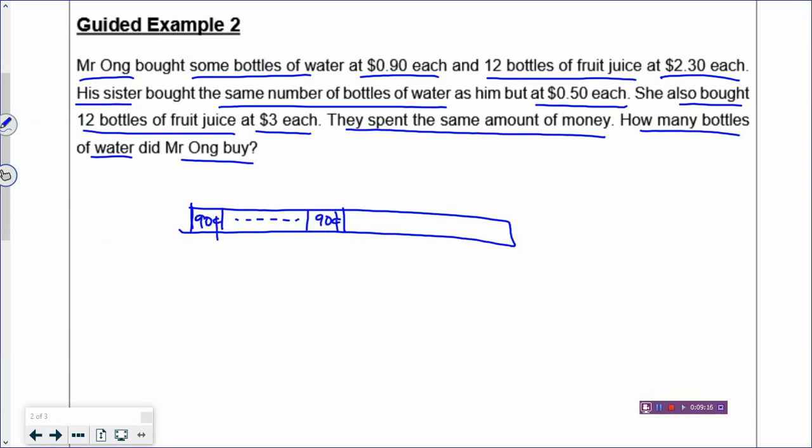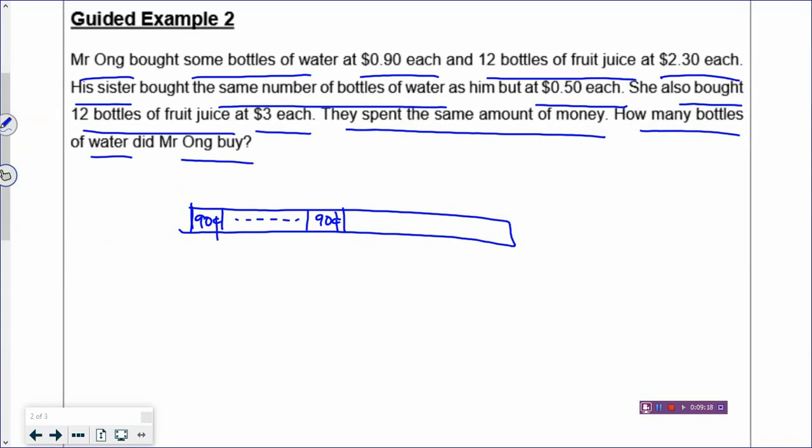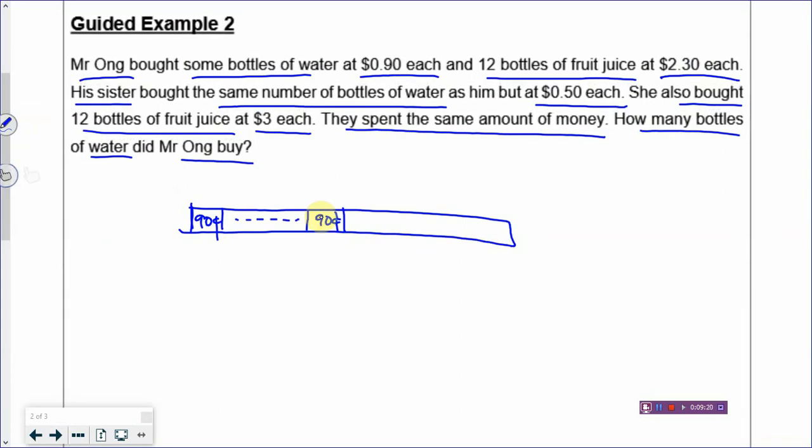Okay, so the first bottle and the last bottle is 90 cents each. Then she bought 12 bottles of fruit juice. Let me just do some labeling. So I don't know how many bottles of water. But we know that she bought 12 bottles of fruit juice.